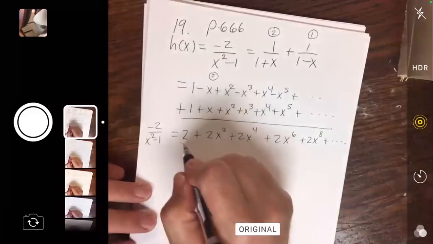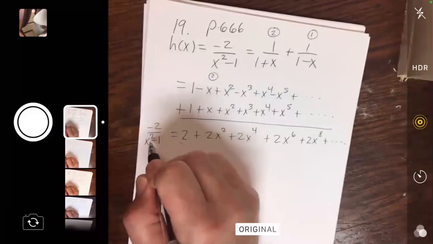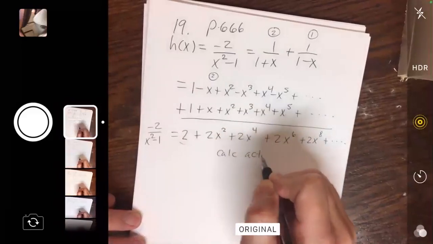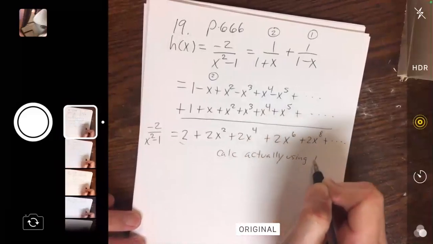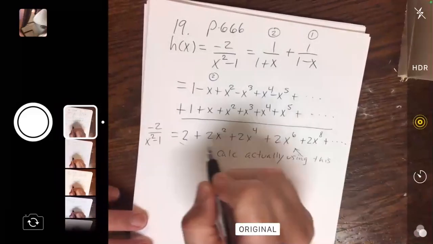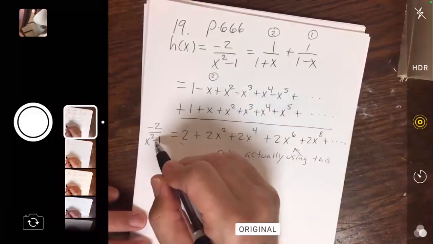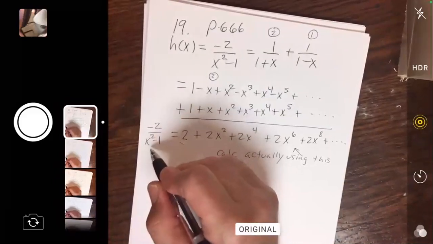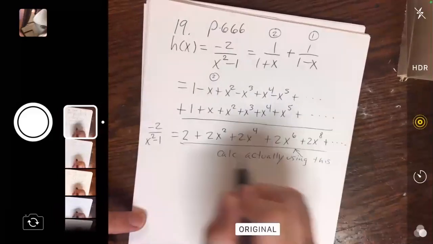Because your calculator, if you wanted to get an answer out of a formula on the calculator, is actually using this. It can't do this. You think it can because you can do it in your head if I give you a simple number, but the machine can only add, subtract, multiply, and divide. It can't work out something like this. The calculator is using this.